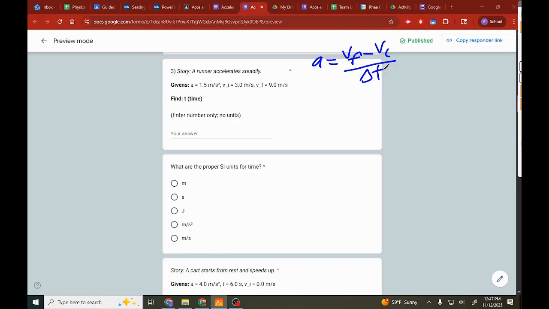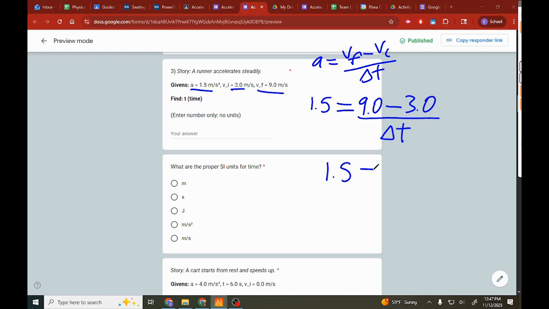The acceleration is given. Final velocity is given. The initial velocity is given. And the time is what we're looking for. Now, one thing we could do right off the bat, we can simplify that top piece. 9 minus 3 would just be 6.0, keeping the same level of precision.